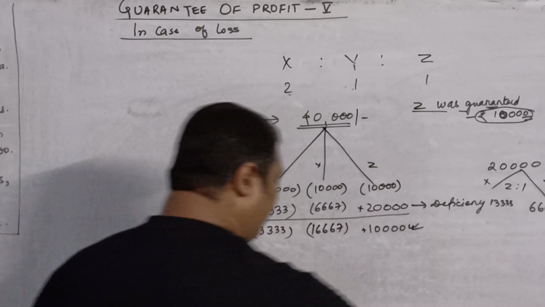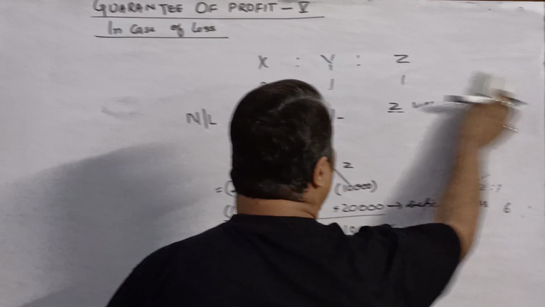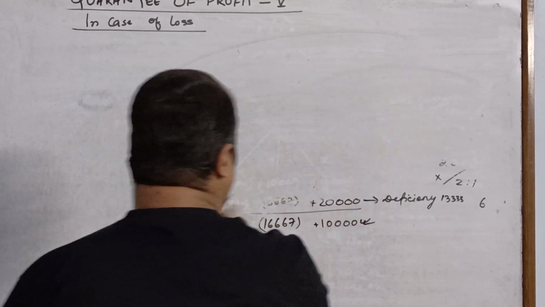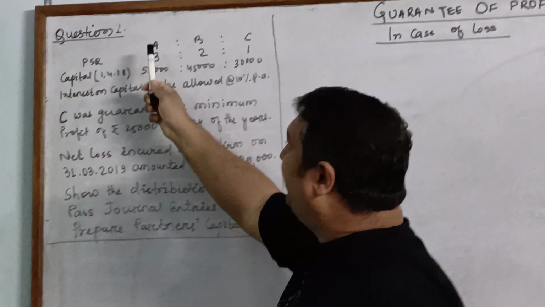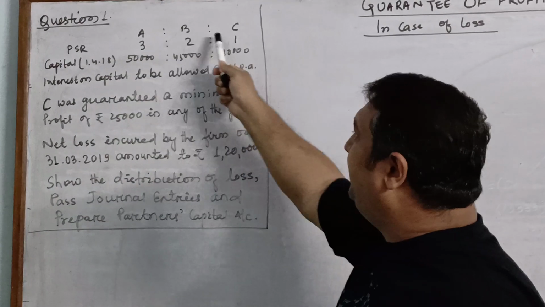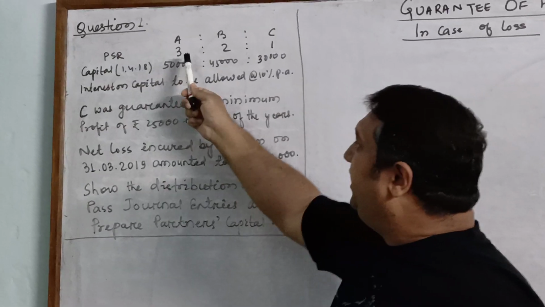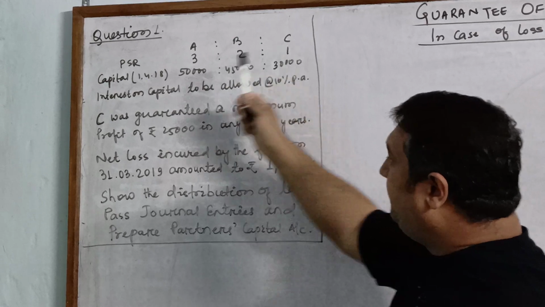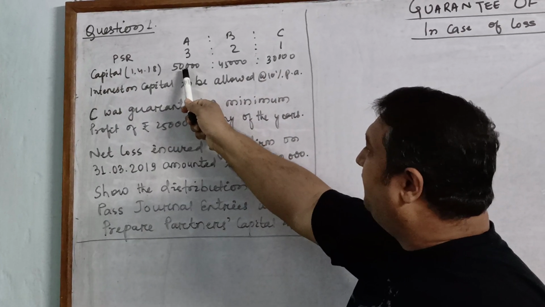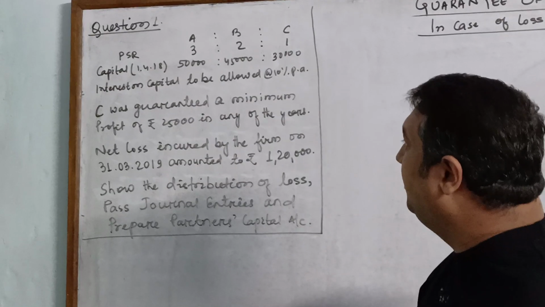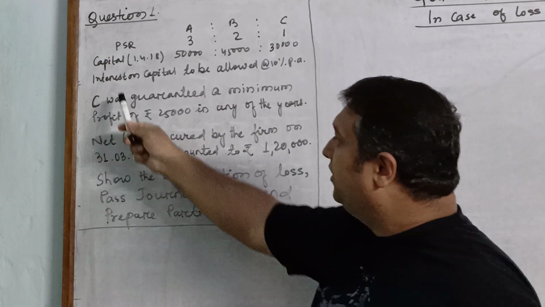The same concept we are going to understand with the help of the question which I have written over here. If you can see, I have written a question that there are 3 partners A, B and C. The profit sharing ratio is 3:2:1. Capital on 1st April 2018 amounted to rupees 50,000, 45,000 and 30,000 respectively.